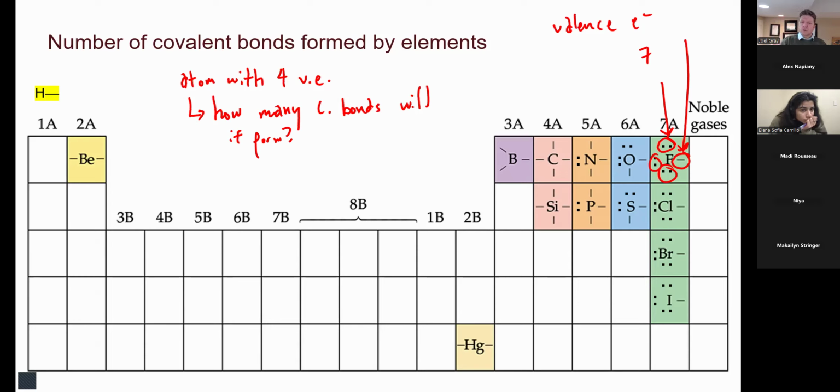It needs to get to a complete octet. So it rolls up with its own 4 valence electrons. How many bonds will it want to form, if each bond corresponds to 2 electrons? Add your answer to the chat. I got the private message of 4. You're absolutely correct.